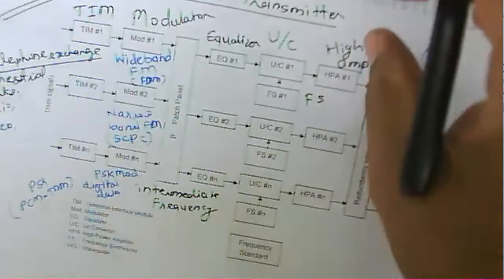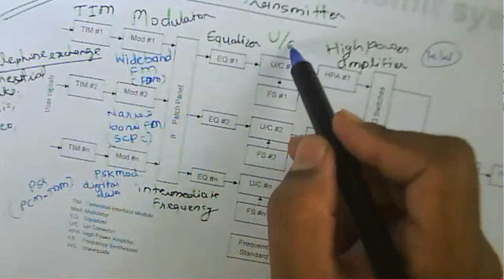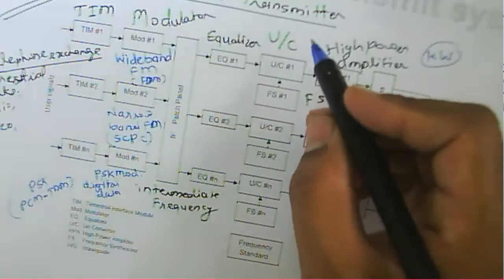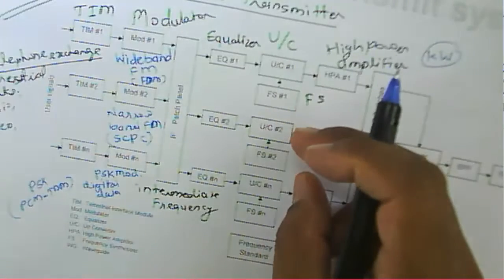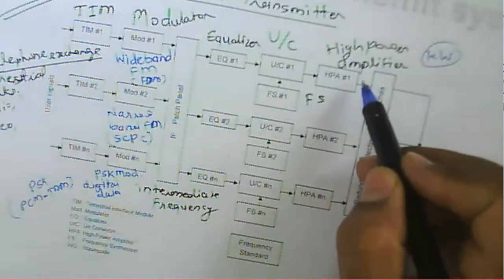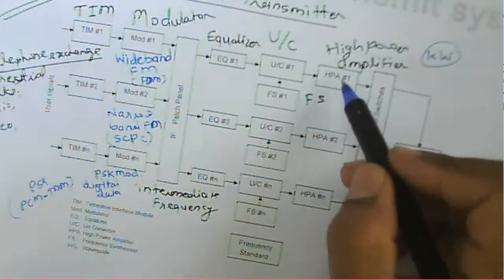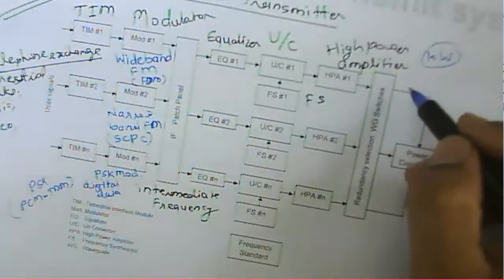If that high power amplifier does not work, then the standby high power amplifier is to be used. So that's why the high power amplifier is to be monitored, whether it is producing that particular amplified output or not.